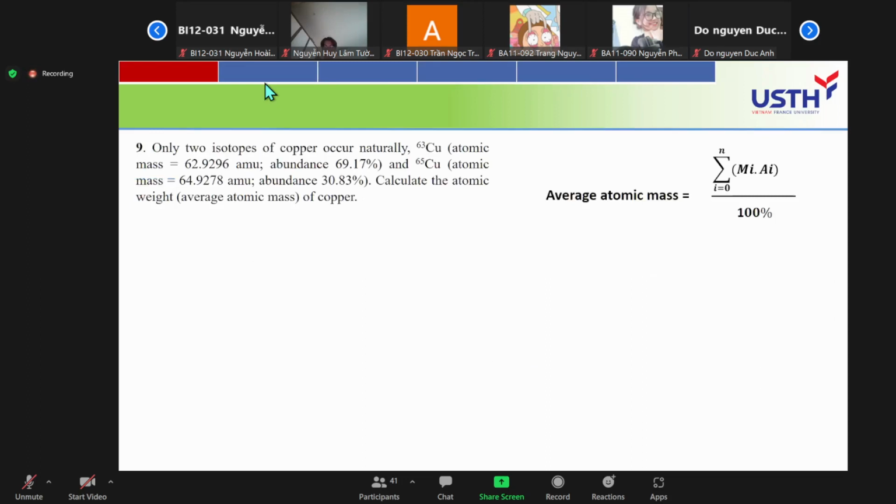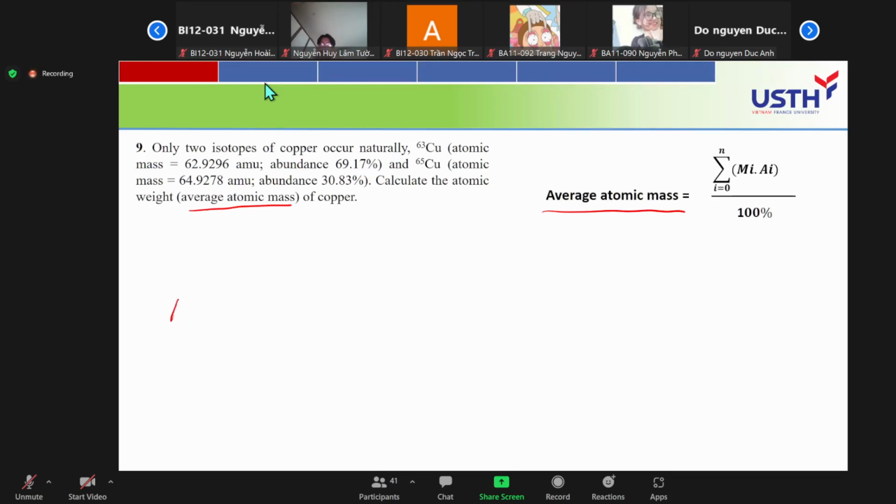Exercise number 9 relates to isotopes. You have to calculate the atomic weight or average atomic mass. We have the expression to calculate it, right?